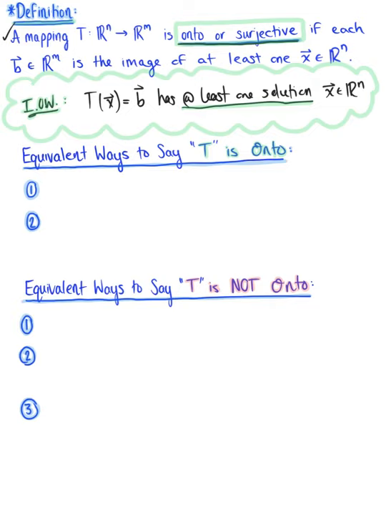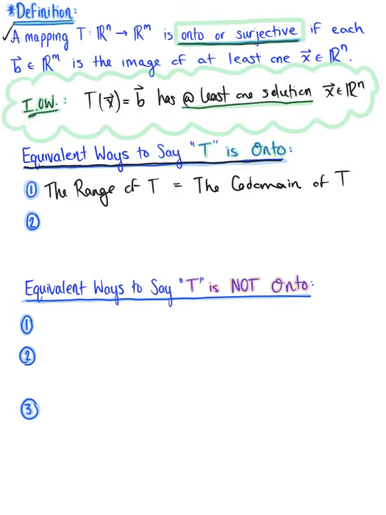So a couple of alternative ways to say that a transformation is onto or surjective are the following. The first one is that the range of the transformation is equal to the codomain of our transformation. So if the range equals the codomain, that transformation is onto.